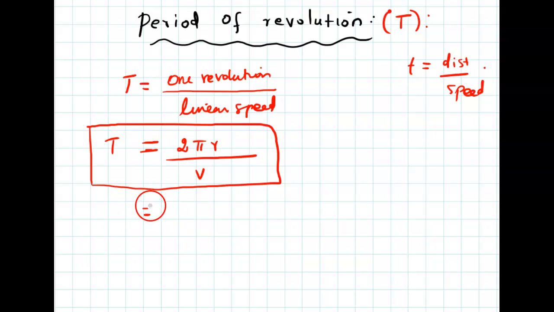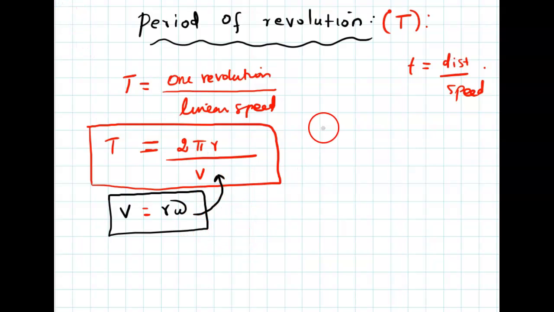And we have another relation for linear speed: v is equal to r omega, the relation between linear velocity and angular velocity. So you can substitute here. T becomes 2 pi r divided by r omega.